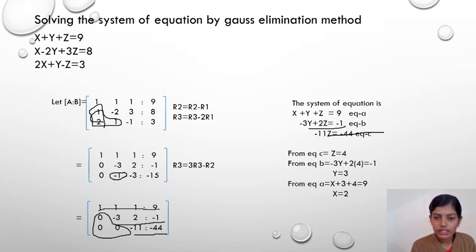And from equation A, x plus y plus z, replacing the y and z values, the y value is 3 and the z value is 4. Replacing that, x plus 3 plus 4 equals 9, and then the x value is 2. We got x equals 2, y equals 3 and z equals 4.